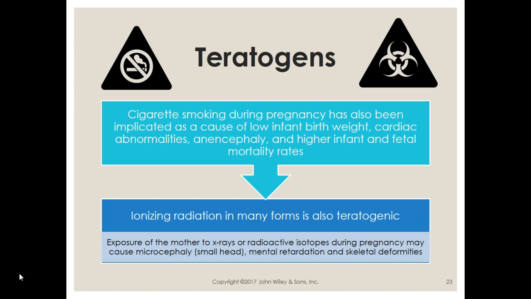There is also strong evidence that shows that cigarette smoking during pregnancy causes low infant birth weight. There's also a strong association between smoking and higher fetal and infant mortality rates. Women who smoke have a much higher risk of developing an ectopic pregnancy. Cigarette smoke may be a teratogen and may cause cardiac abnormalities as well.